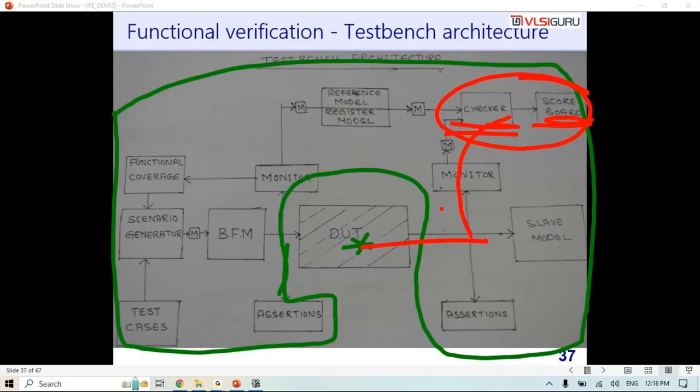Verification. So BFM is developed by whom? The verification engineer, meaning I. Generator, I. Except for the DUT, everything else you see is developed by the verification engineer. Now, how do we develop it and how it verifies the design is what is to be discussed over 8 months of training.